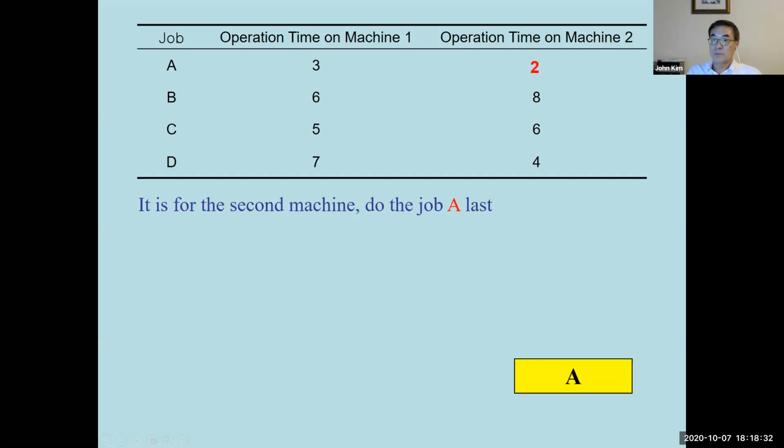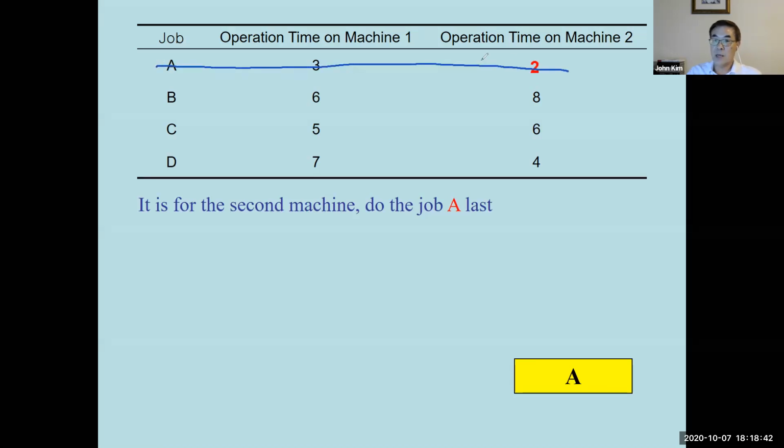And then cross out, because this one is assigned. And then among remaining times, the next shortest is this one.